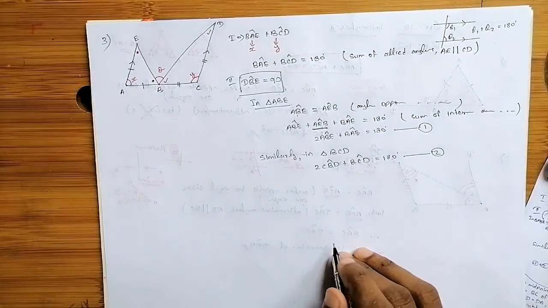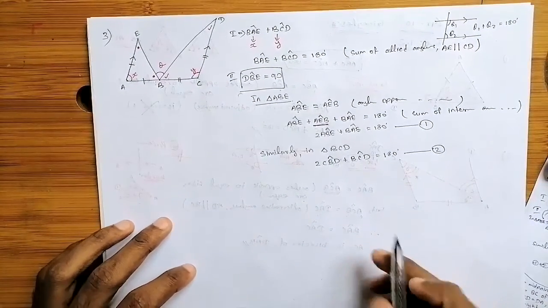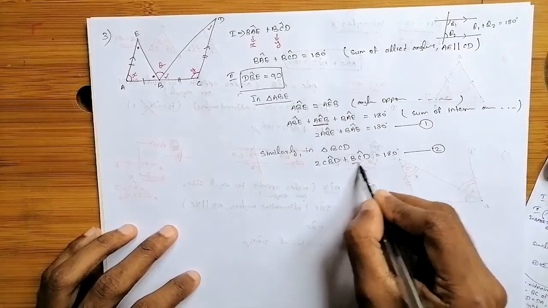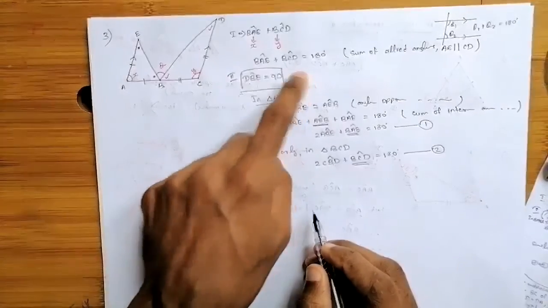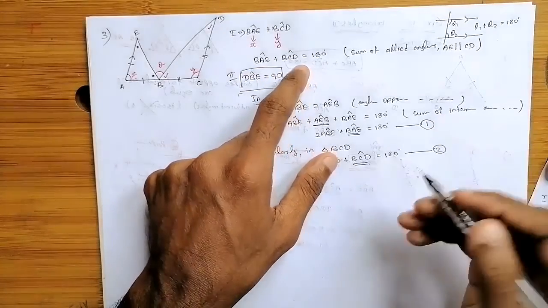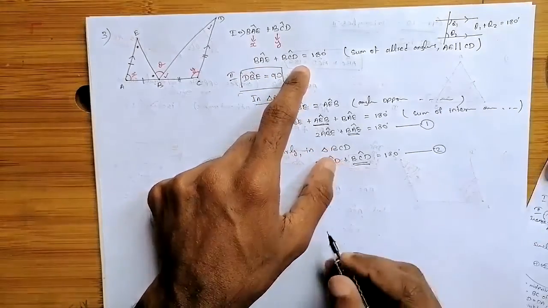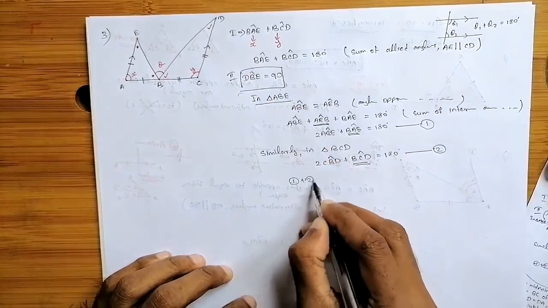So after we get these two, if you check BCD and BAE, we found a value for that. Okay, that is the first question. So from there we take another idea: we are going to add 1 and 2.